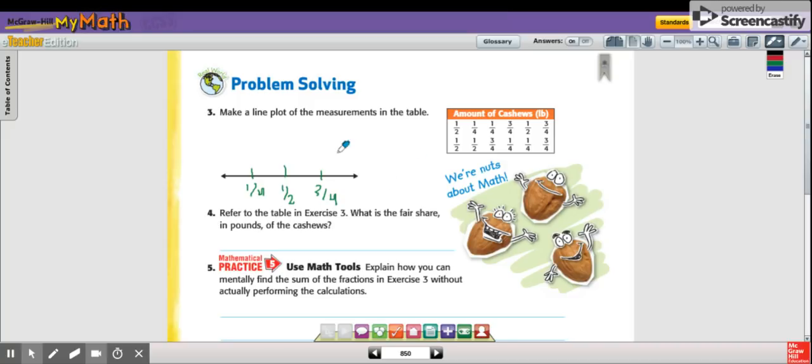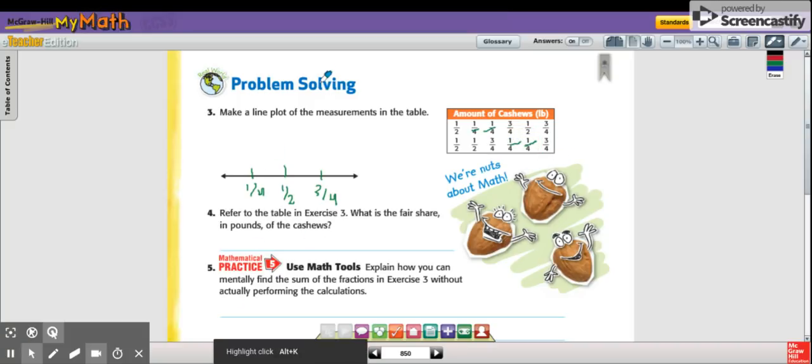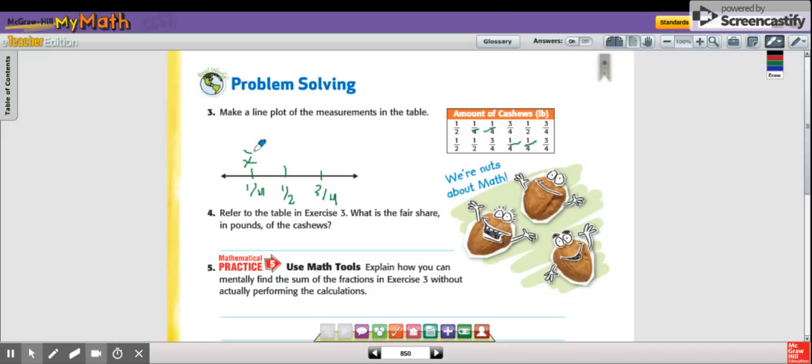Now we need to figure out how many x's we need to have above the 1/4. So right here I have 1, 2, 3, 4 that I count. So I'm going to put 4 of those x's. 1, 2, 3, and 4.